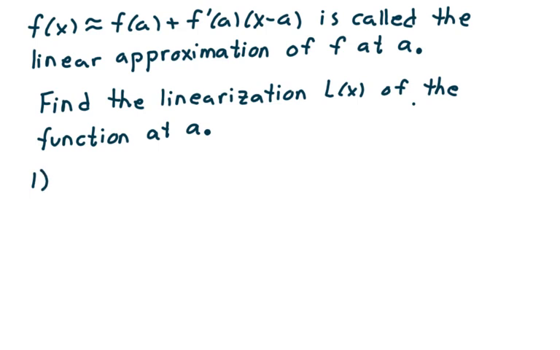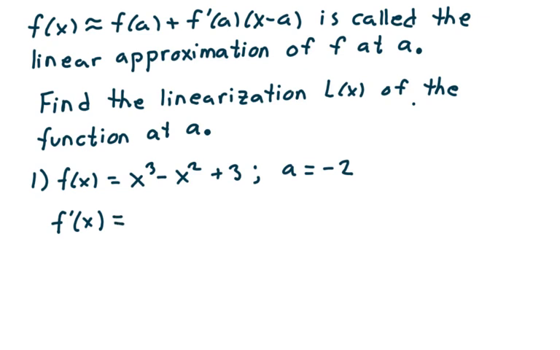So we're going to look at problem number 1, and it says f of x is equal to x cubed minus x squared plus 3, and a is equal to negative 2. Okay, so the first thing we need is to find f prime of x.